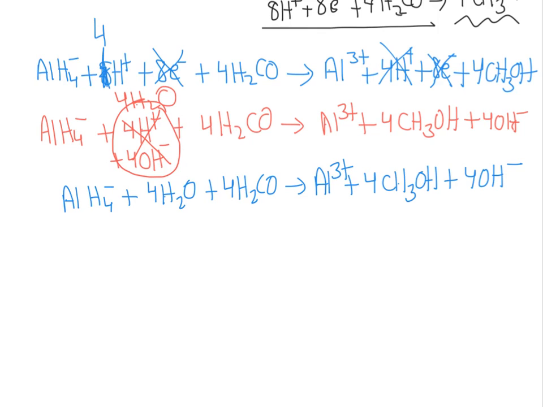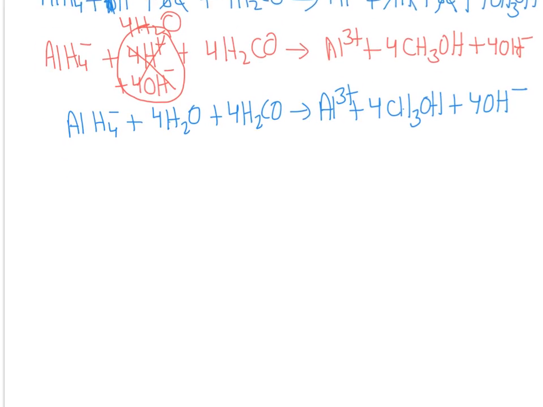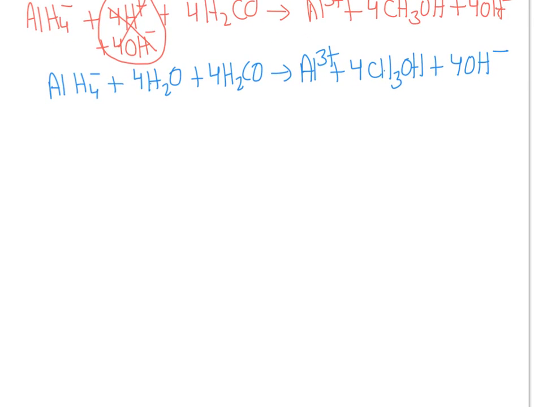Just check mass and charge. So let's do that together. So let's make a list of the stuff we need to check. We need to check aluminum, hydrogen, oxygen, carbon, and then the charge. Let's start with aluminum. 1 aluminum, 1 aluminum, that checks.